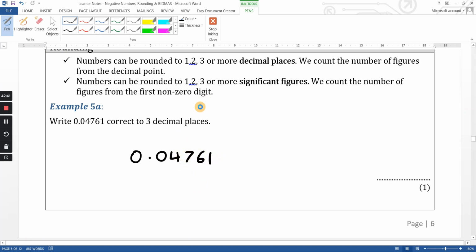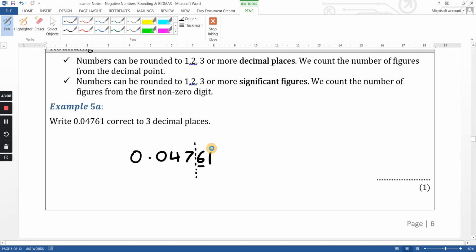Okay, so for decimal places, we start from the decimal point, and 3 decimal places after that. So that's 1, 2, 3. I like to draw a cut-off line or a dotted line, whatever you like to call it. Straight after the cut-off line, this digit is going to decide what happens to the one previous.